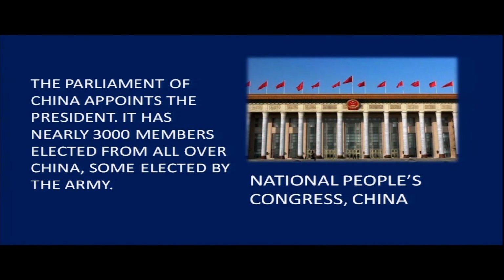This is China, which, as we all know, has a single party system. The Parliament of China, which is called the National People's Congress, appoints the president. It has nearly 3,000 members elected from all over the country and some elected by the army.